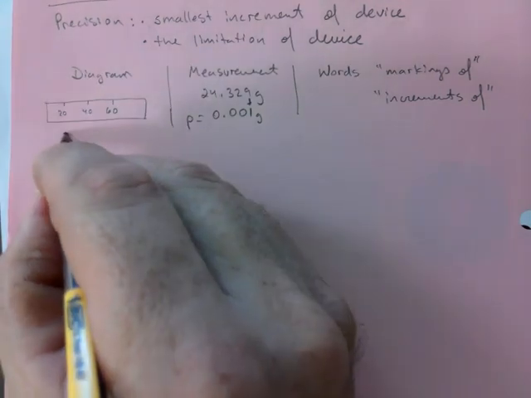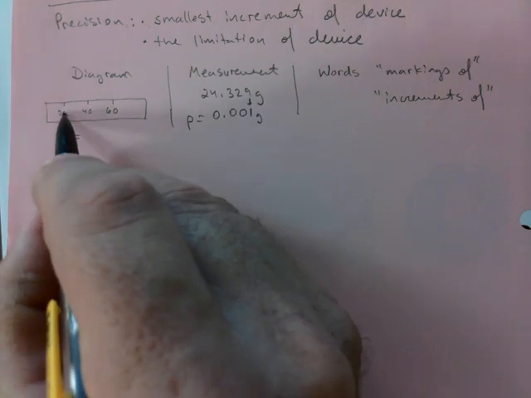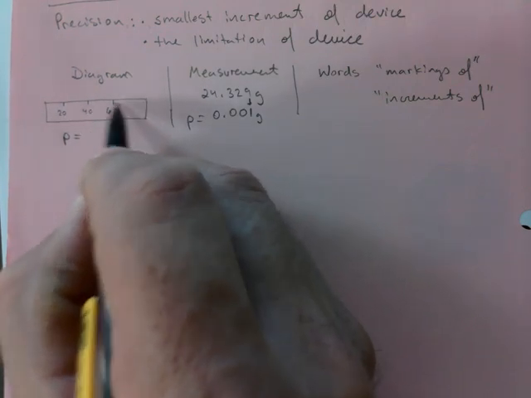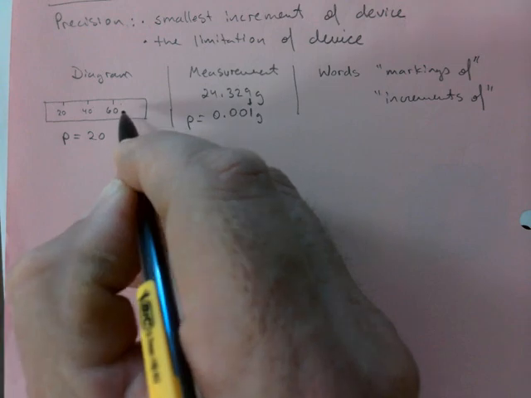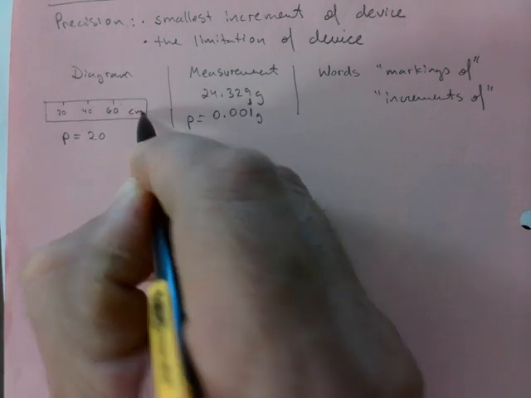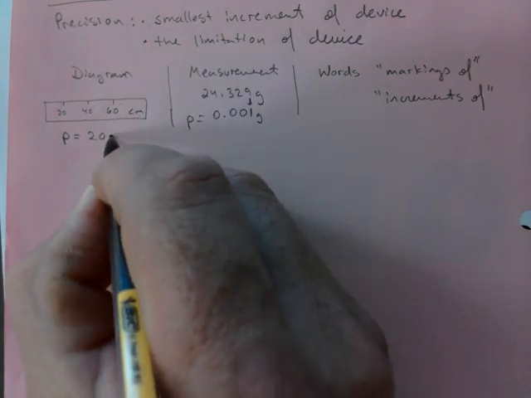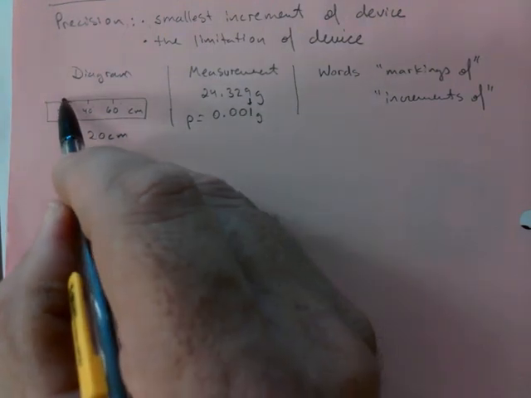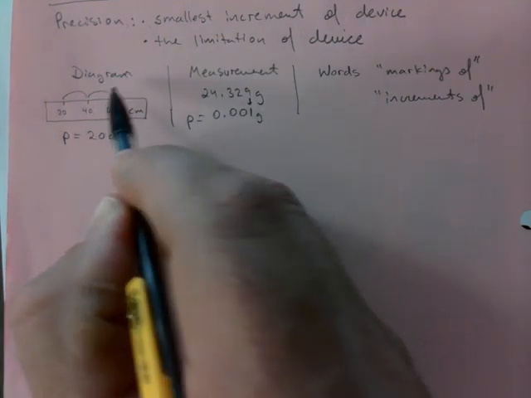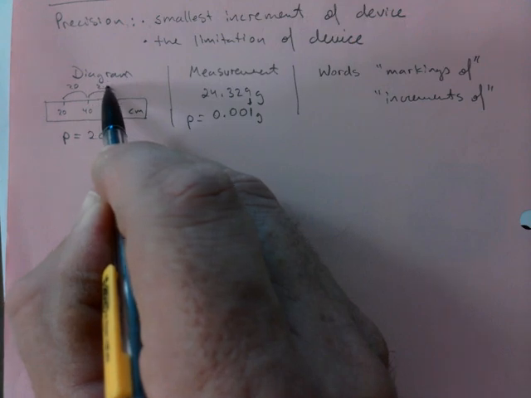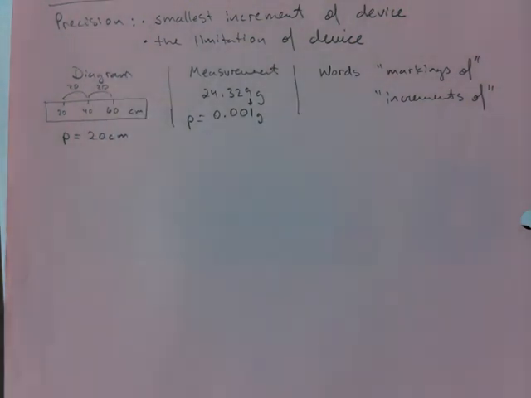What's the precision for this one? From marking to marking, it's 20. Oh, I should do centimeters. Let's put centimeters there, sorry. Precision is centimeters because you're going 20, 20. That's the smallest increment at that point.